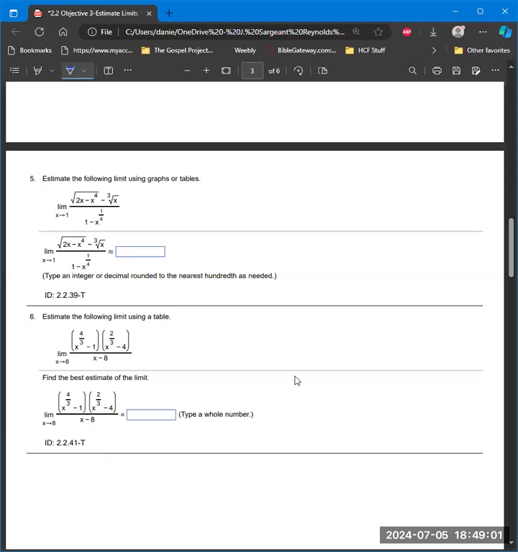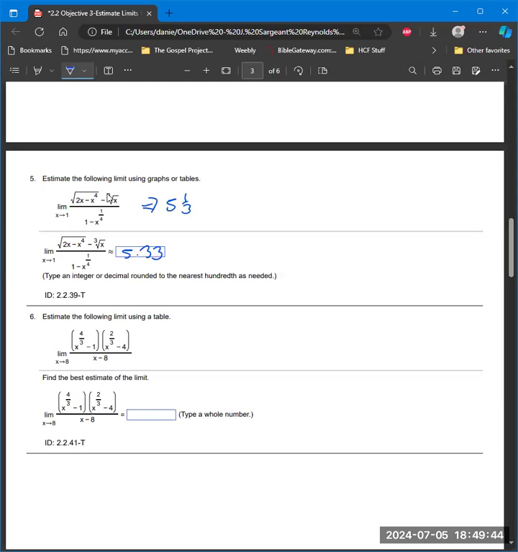So let's, yeah, let's analyze the graph of that thing. So stick that into your graphing calculator and look at what happens as x approaches 1. Use your table in your graphing calculator to see what happens. And you're going to see that it approaches probably 5 1/3. It's probably more exactly what it approaches, but we're going to round to the nearest hundredth and say that it approaches 5.33.